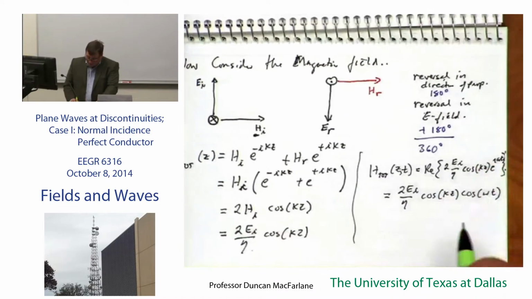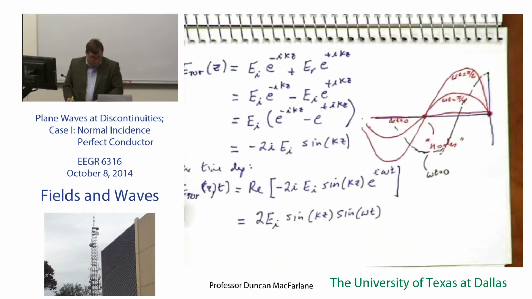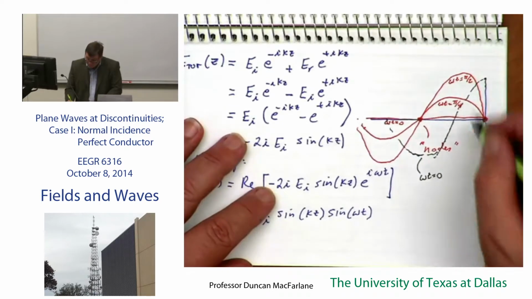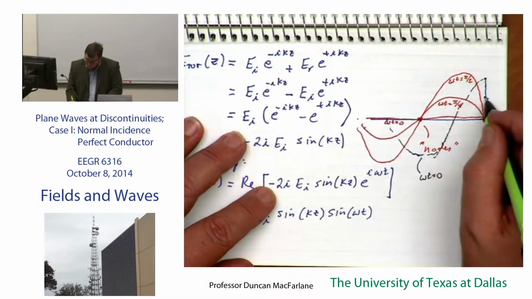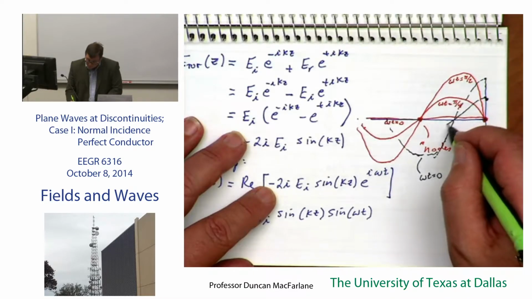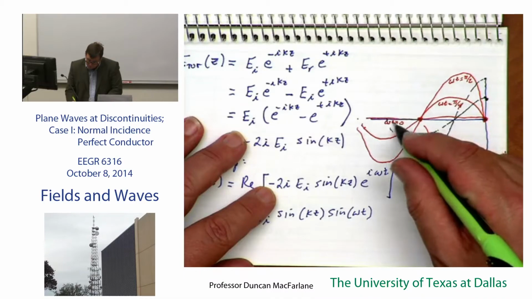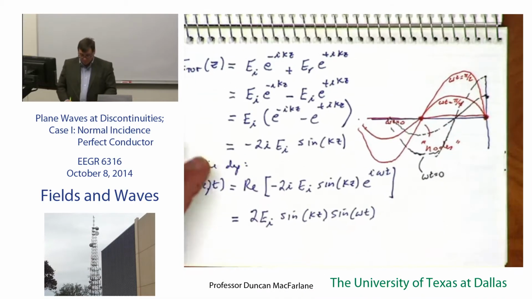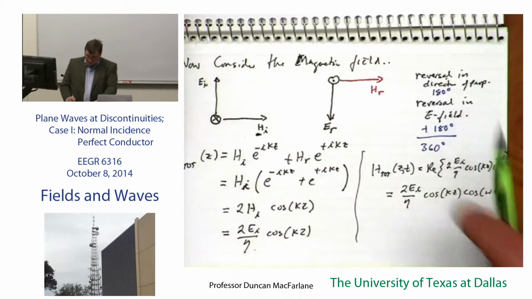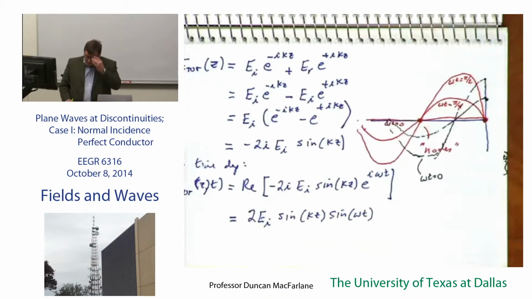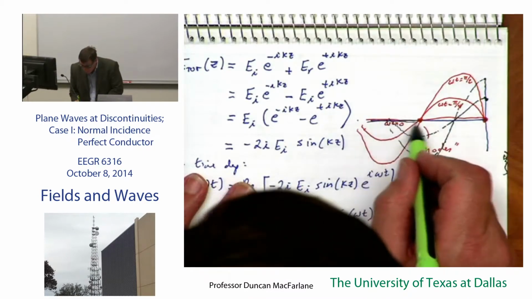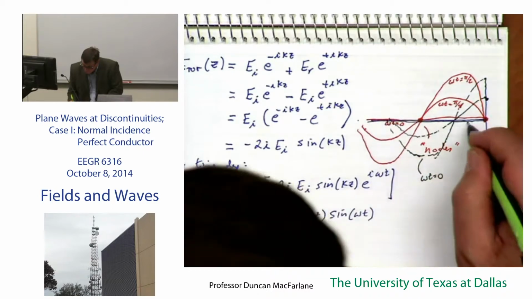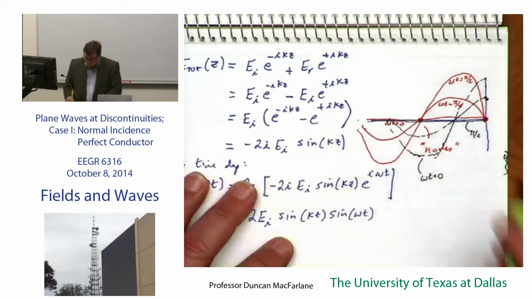At omega t equals pi over 4, this amplitude drops down, still goes through 0 here and there. And at omega t equal to pi over 2, I get the flat line.